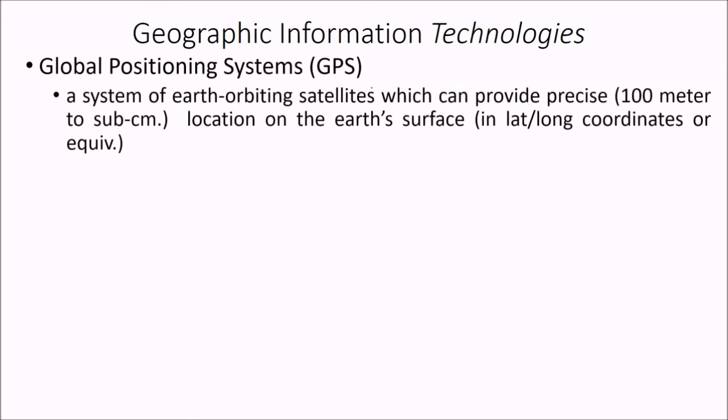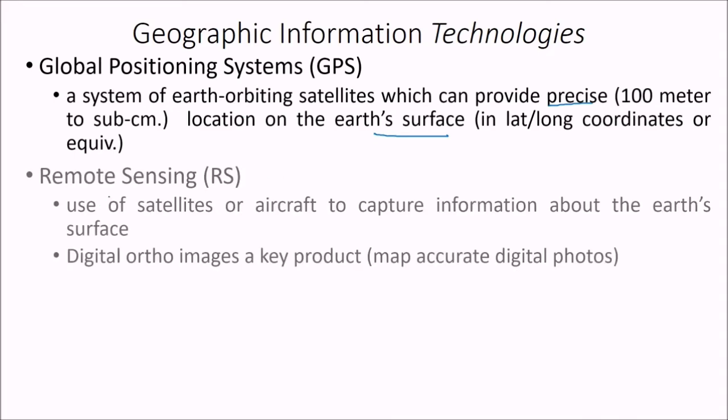So geographic information technology, GIT, in this geographic information, we have various technologies which either explicitly or implicitly help or are integrated. We have GPS. We have the system of Earth orbiting satellites, which are providing precise location on the Earth's surface, positional accuracy, positional value, that is spatial value, latitude, longitude, coordinates, etc. Remote sensing is also a geographic information technology.